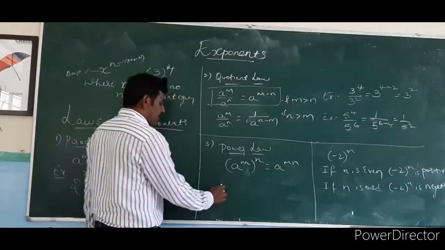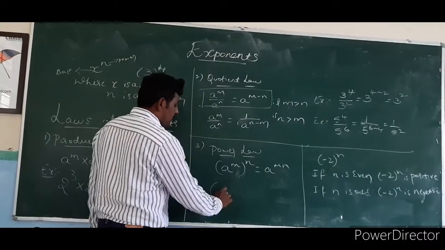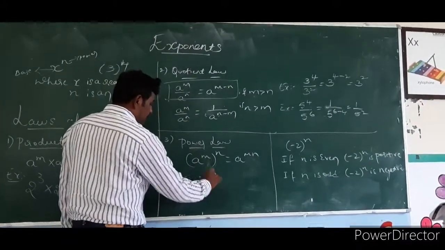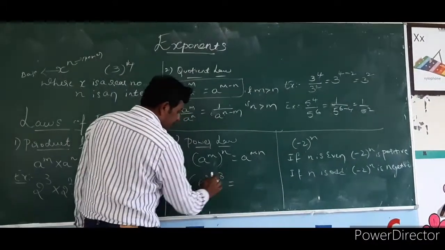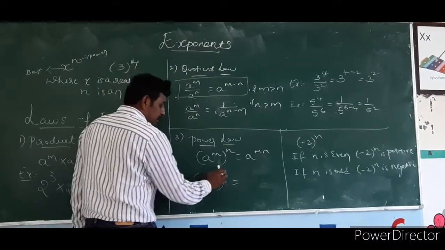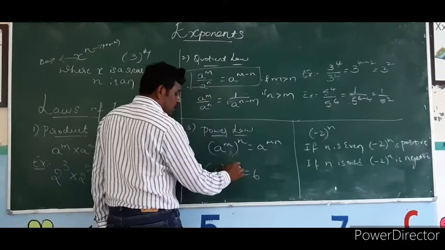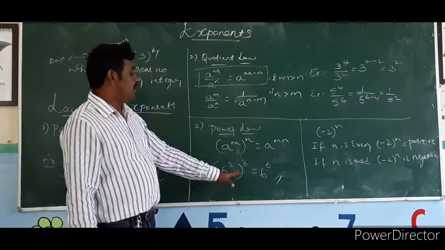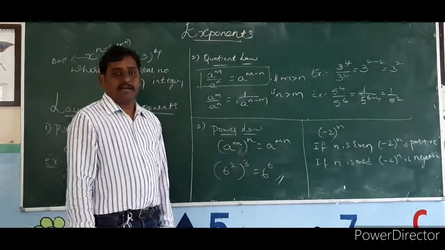For example, if I am taking 2 to the power of 3 whole to the power of 2. It's just to multiply the powers, right? 2 threes are how much? 6. By using power law you can write the answer.